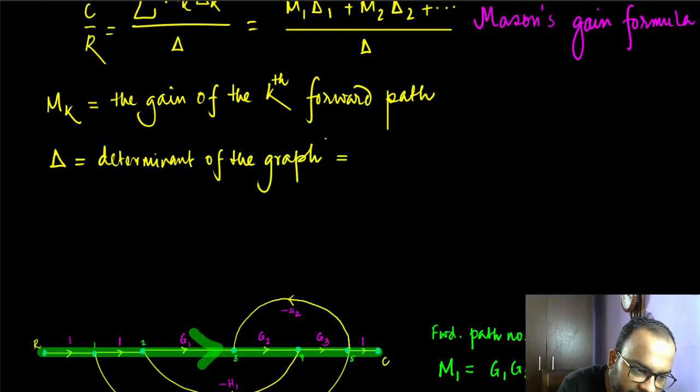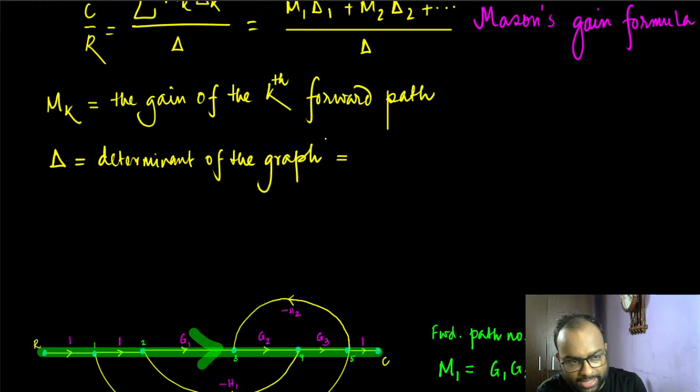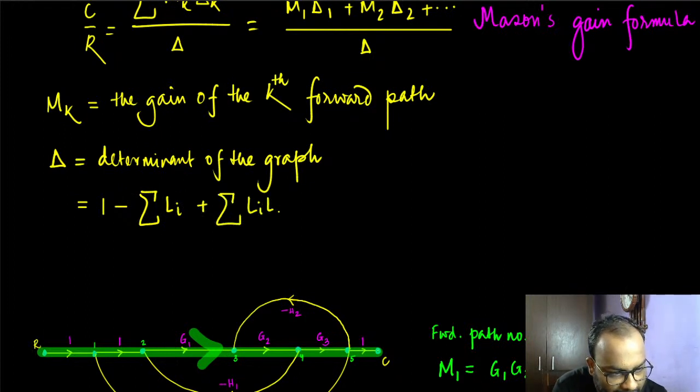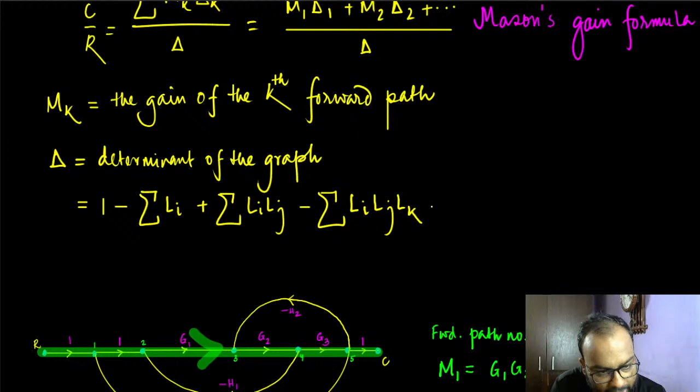And again, I could teach you why these things are the way they are, and the formulas behind all these, but that would take a separate class by itself. But if you're interested, I can help you do that. So the determinant of the graph can be calculated with this formula: 1 minus summation of Li plus summation of Li Lj minus summation of Li Lj Lk plus and so on.